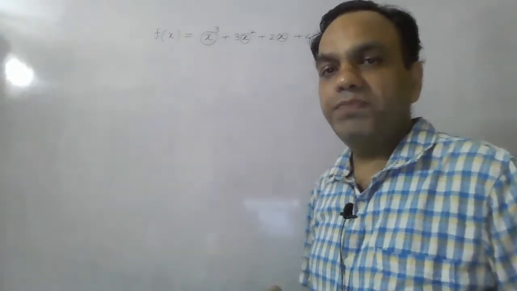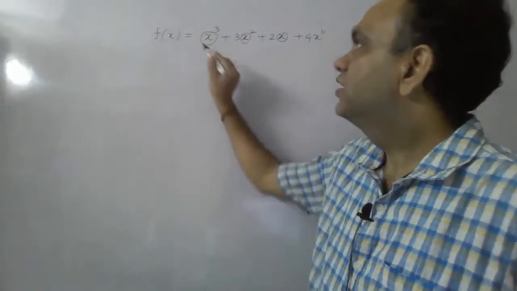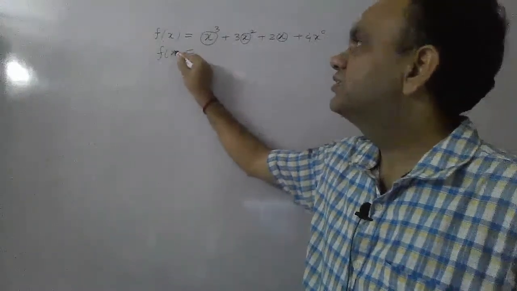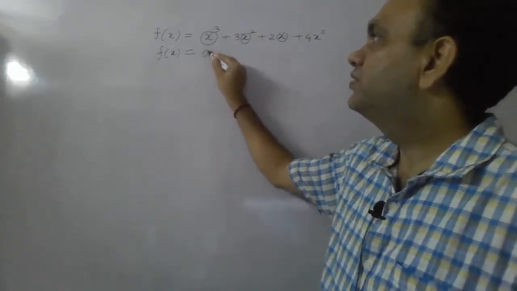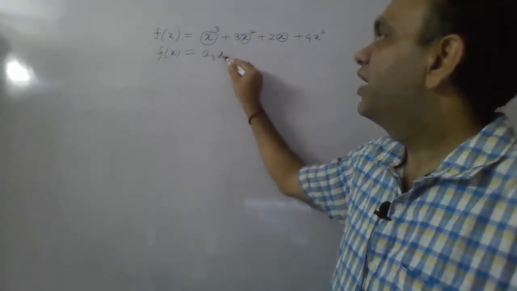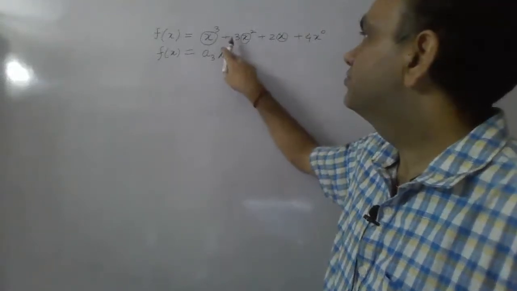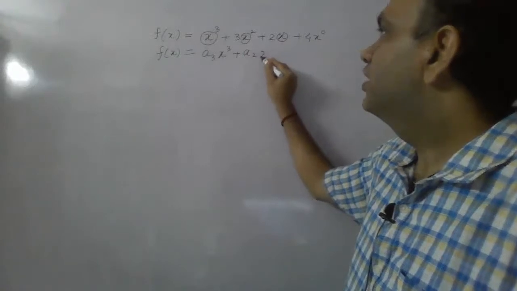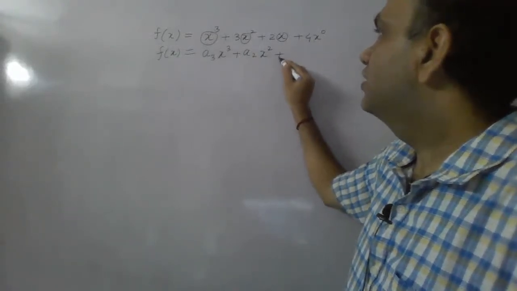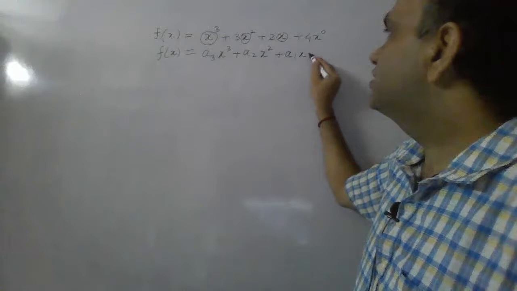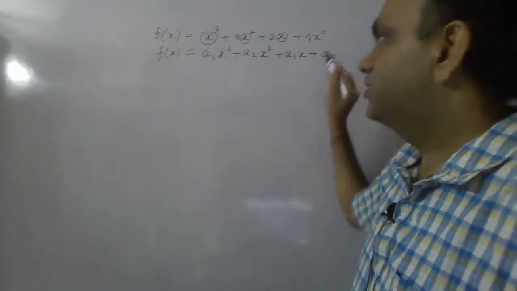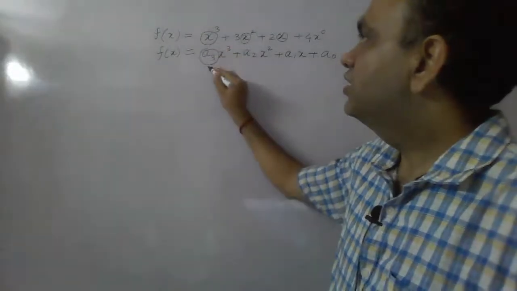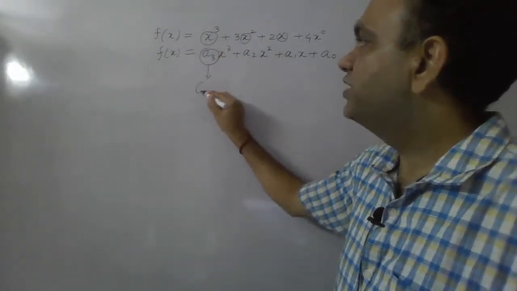Now there is a concept of a coefficient. If we compare this polynomial f of x with a3 x cube plus a2 x square plus a1 x plus a0, this a3 is known as a coefficient.